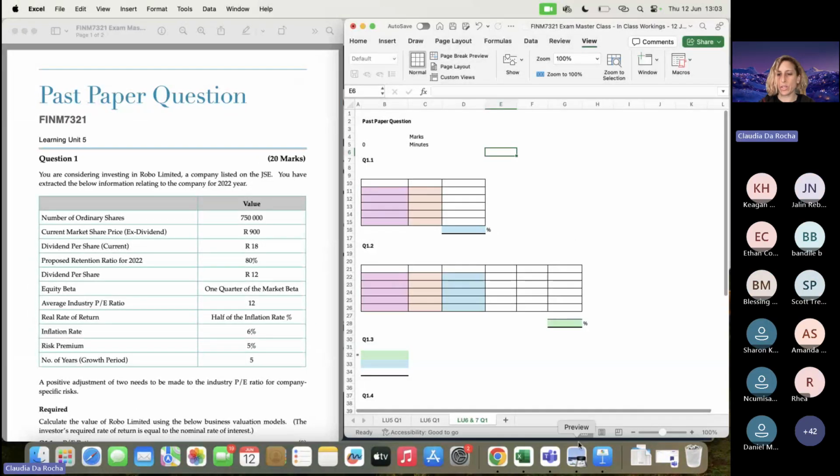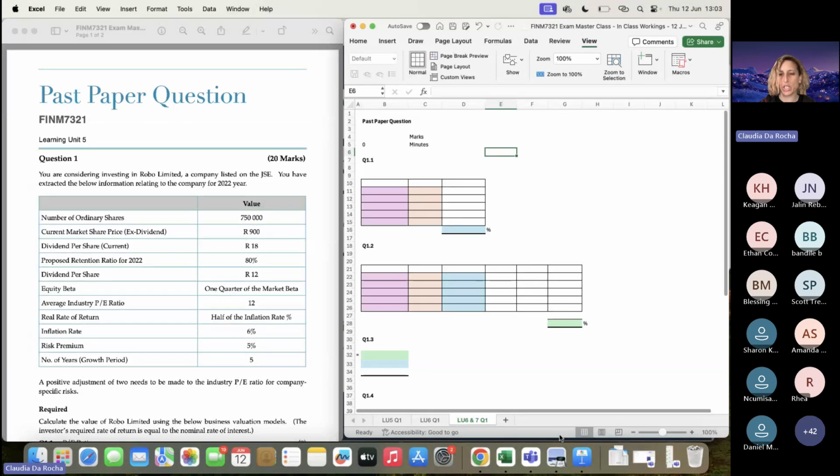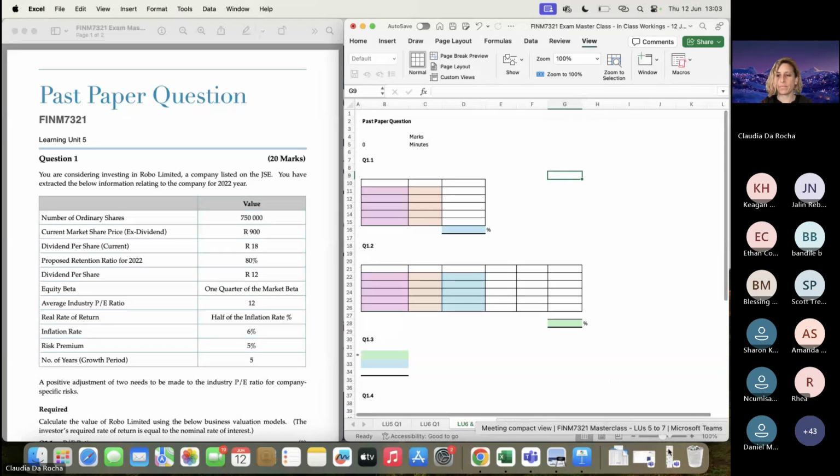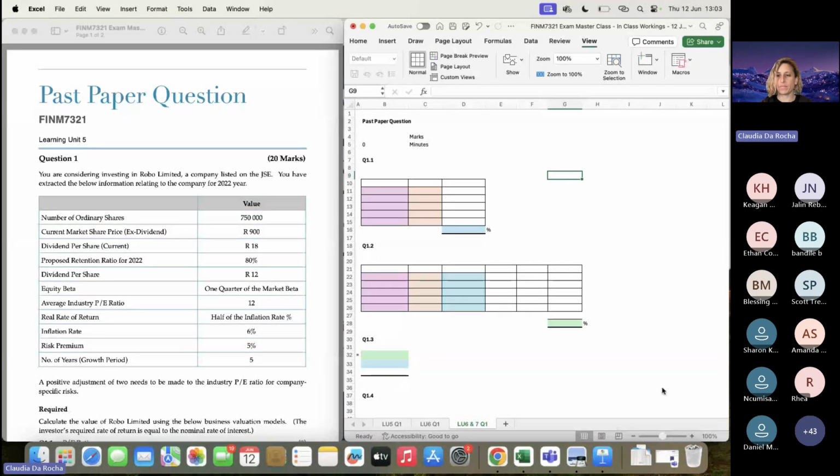Okay, so I want to just confirm that you can all see my screen. You should see a past paper question and then an Excel sheet. Okay, great.